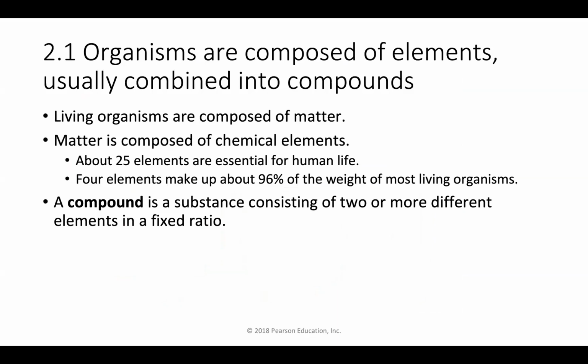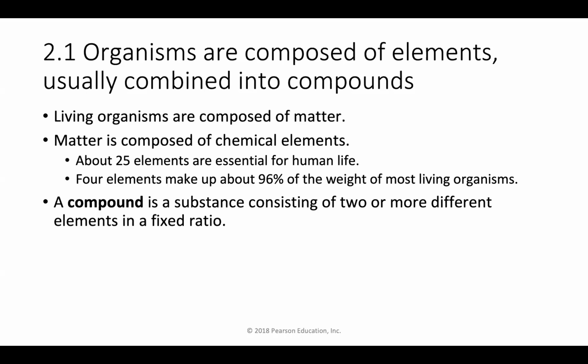Of all of the chemical elements on the periodic table, I think there are about 118 elements. About 92 of those exist naturally in nature. Some of them are synthetically formed. But of all those elements you've seen on the periodic table, only about 25 are what we would consider essential for human life.